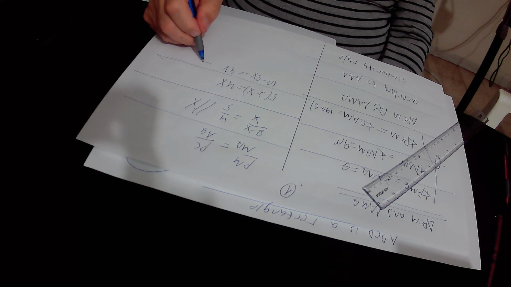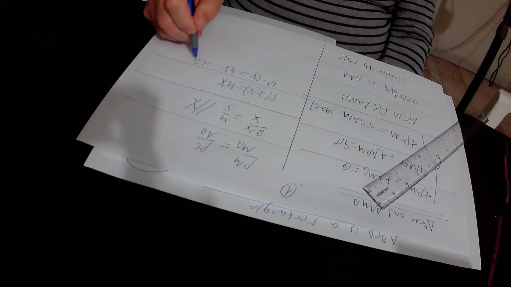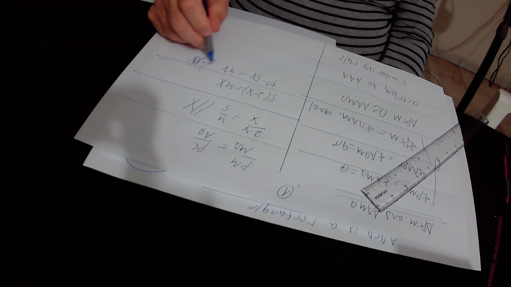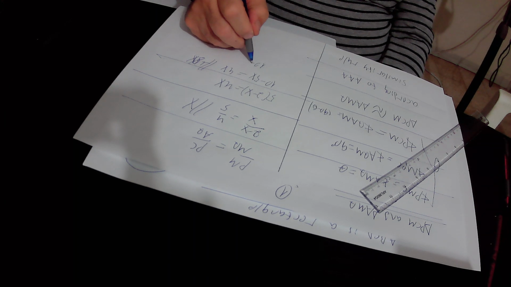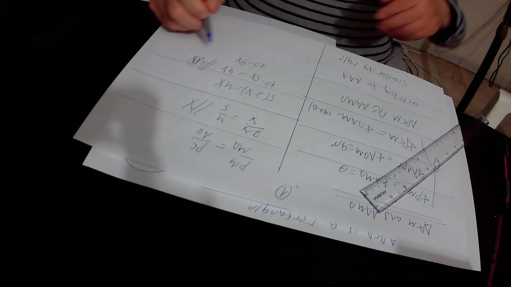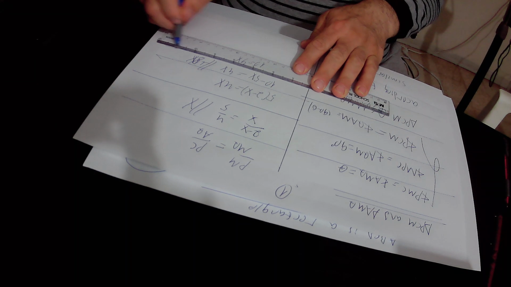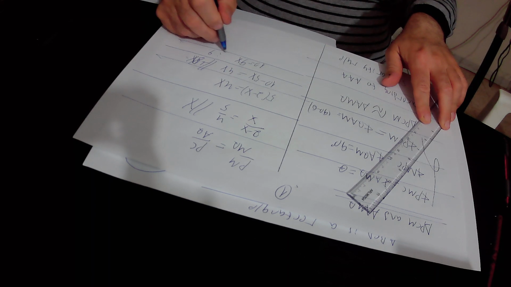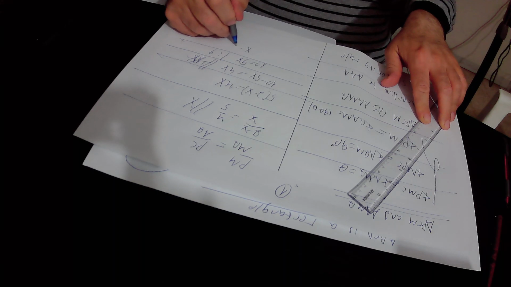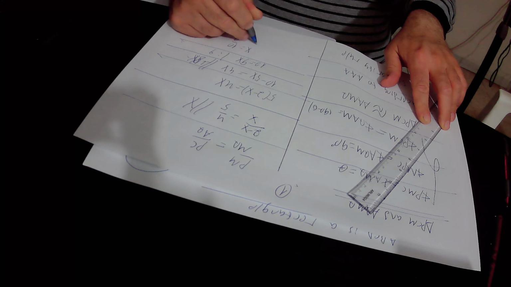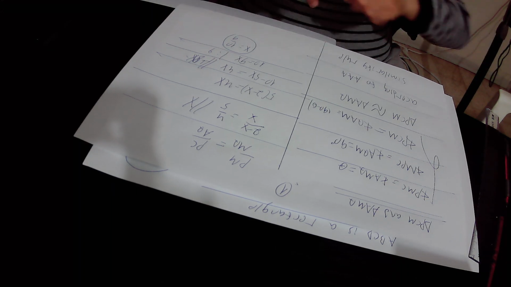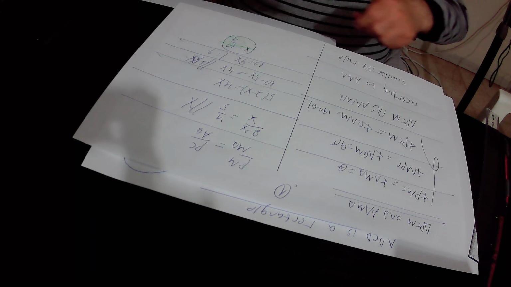Here we will add 5x to this equation, and we get that 10 equals 9x. So here we will divide this equation by 9, and finally we will get that x equals 10 over 9. So here x equals 10 over 9 units.